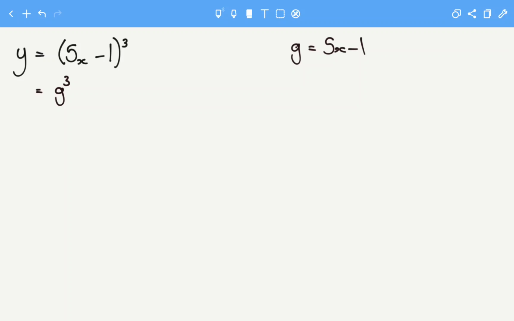So the differentiation of y equals 3g to the power of 2, because all we've done is differentiate the above equation, which we can also write out by putting the 5x minus 1 back instead of the g, resubstituting that back in. And then the differentiation of g equals 5.